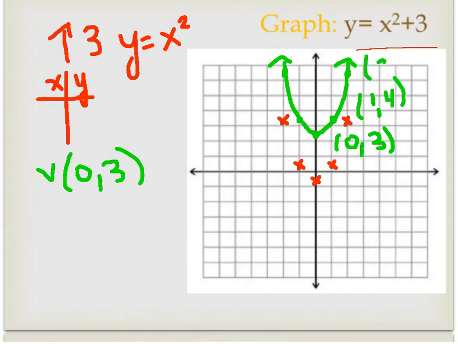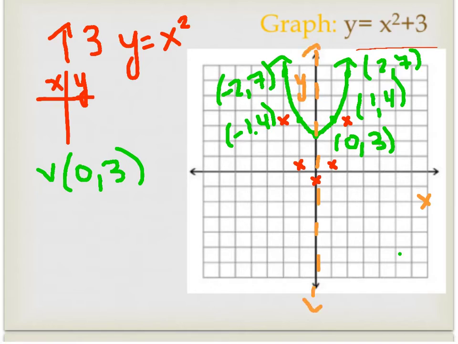This point here is 2, 7. Negative 2, 7. Notice how they have the same y coordinate. They should. Okay. Go ahead and label our axes here. Don't forget your sad old lonely AOS, which hasn't shifted from our parent function AOS.